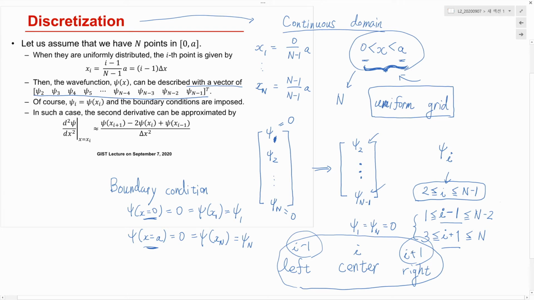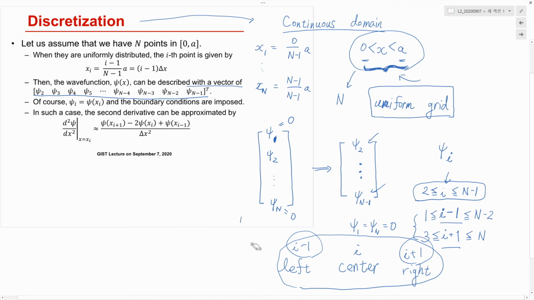Maybe you are curious why I am talking about this seemingly obvious quantity. However, I want to introduce a counterexample. Let's say we are talking about x1. What will happen?